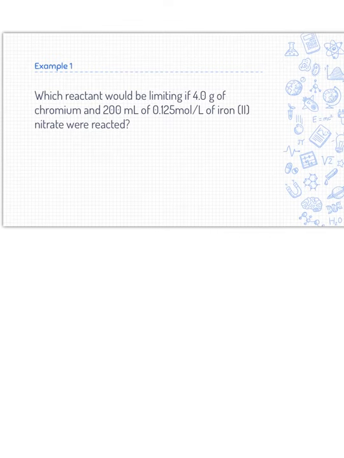So which reactant would be limiting if 4 grams of chromium and 200 milliliters of 0.125 moles per liter iron(II) nitrate were reacted? First step, chemical reaction. Chromium is a solid element, and iron(II) nitrate is in solution, again, because it has a concentration here.